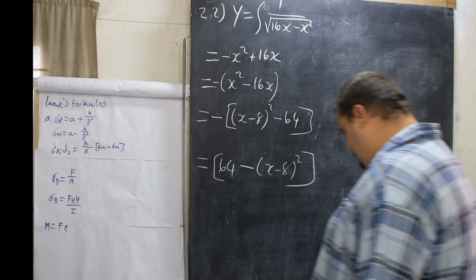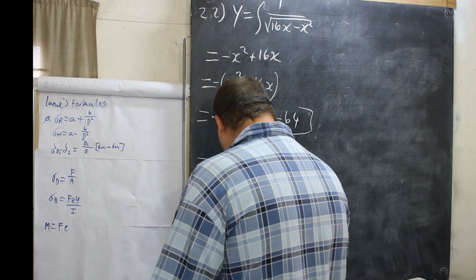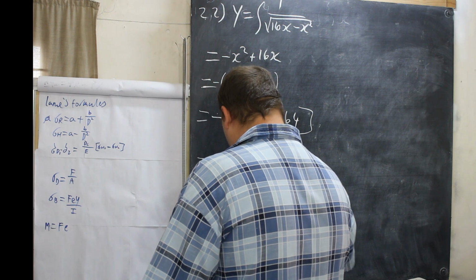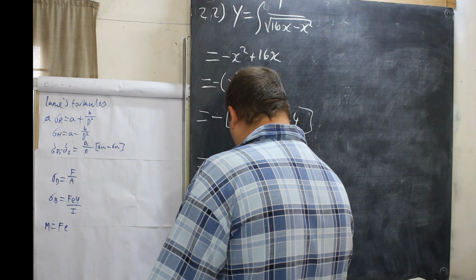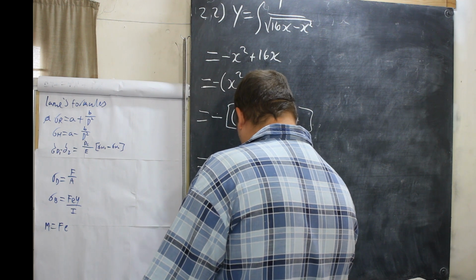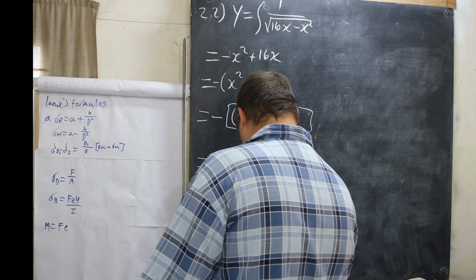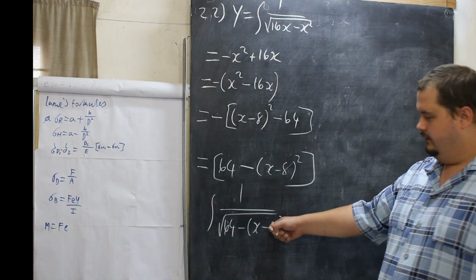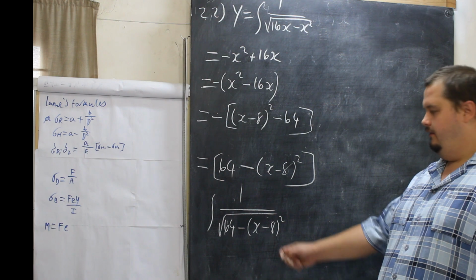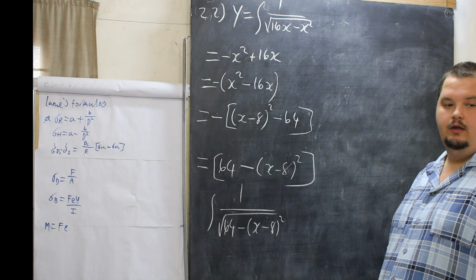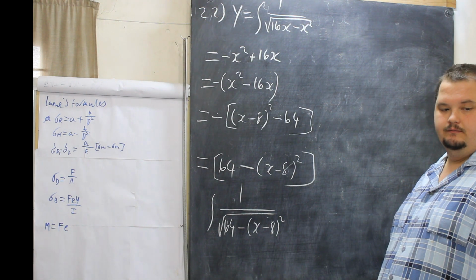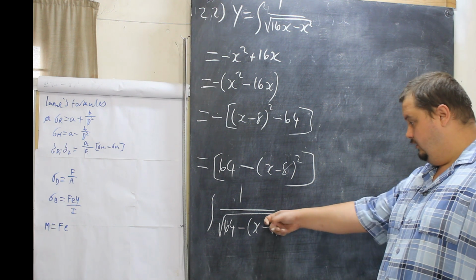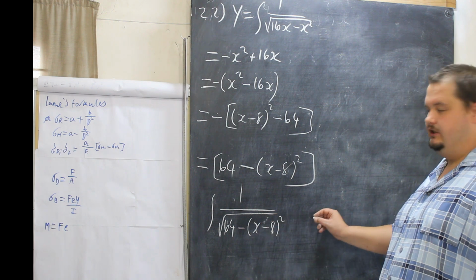So, next step is we've got the integral of 1 over the root of 64 minus (x minus 8) squared. And this is in your formula sheet. This method is in your formula sheet.